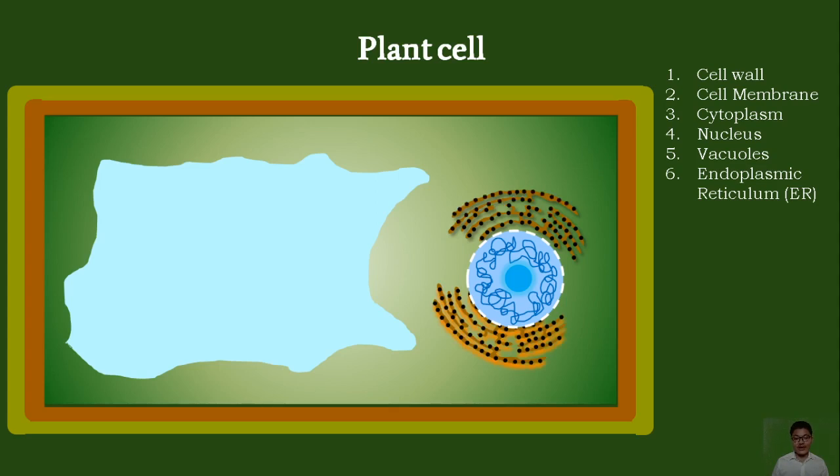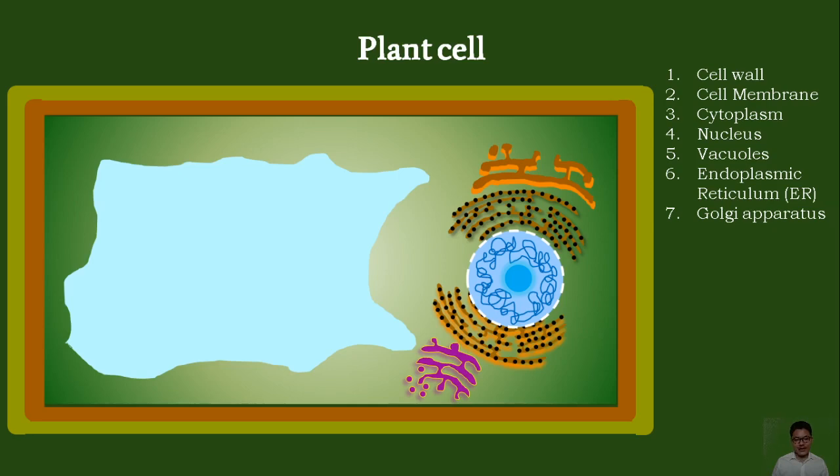We have another type of endoplasmic reticulum which has no ribosomes, not shown with dark dots, and that is smooth endoplasmic reticulum. Near the nucleus, we have the Golgi apparatus.